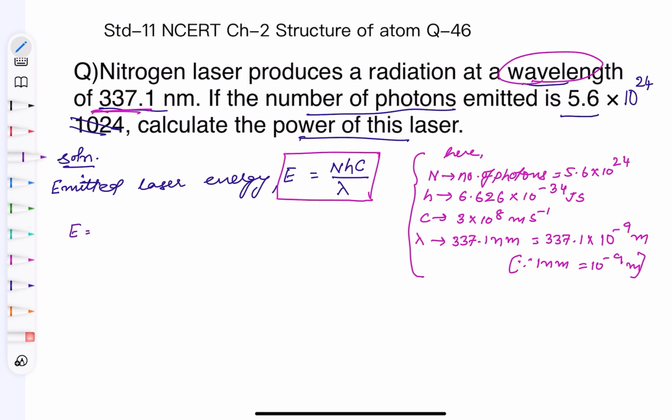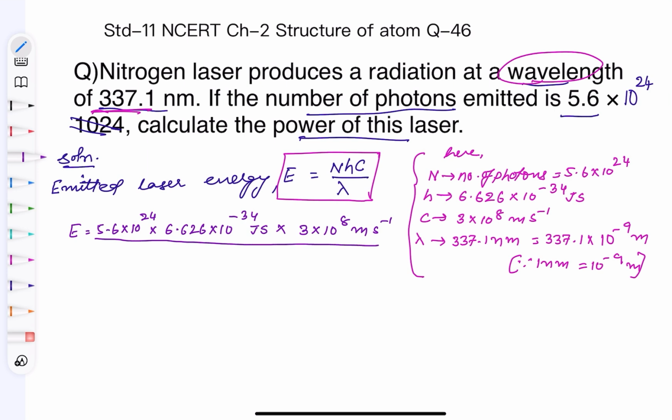E would be N, the number of photons, 5.6 into 10 to the power of 24, then H is 6.626 into 10 to the power of minus 34 joule second, into C, which is 3 into 10 to the power of 8 meter per second, divided by lambda, 337.1 into 10 to the power of minus 9 meters. We just need to solve this now.